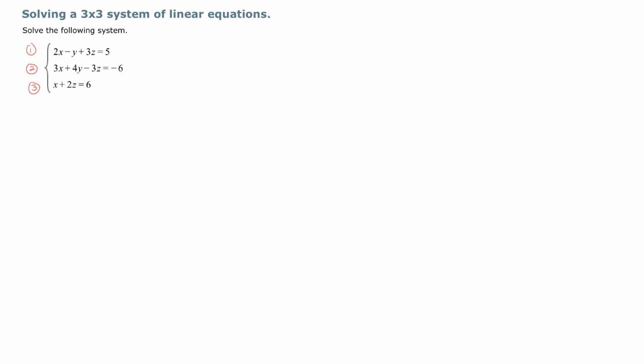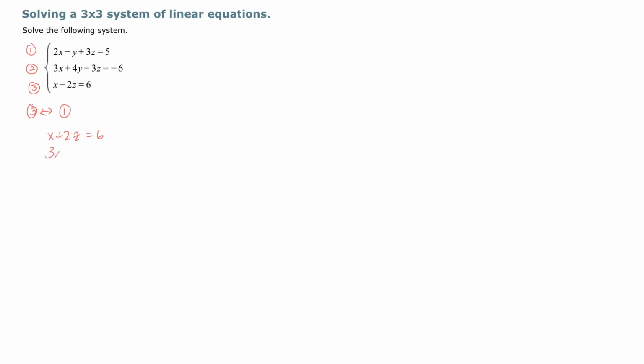I am going to mimic a procedure that you may end up learning later on that involves matrices and elementary row operations. So the first thing I'm going to do is switch equations 3 and 1. And then we'll rewrite the system in this order. X plus 2z is equal to 6.